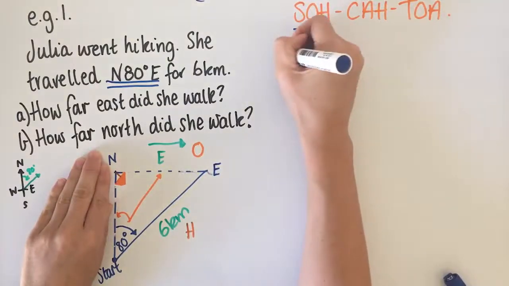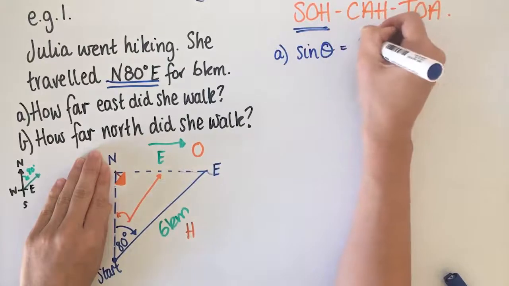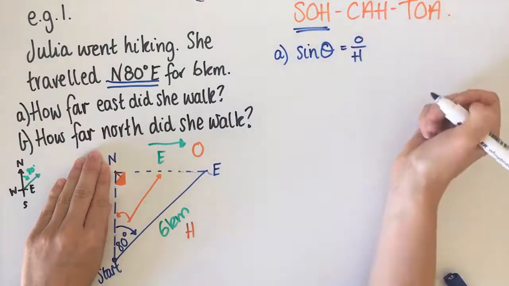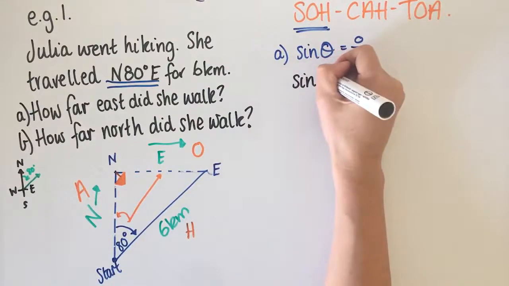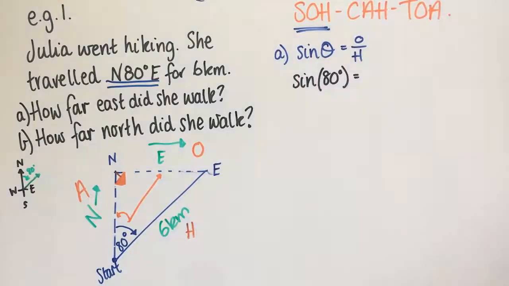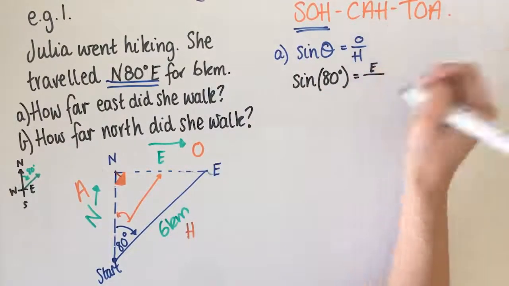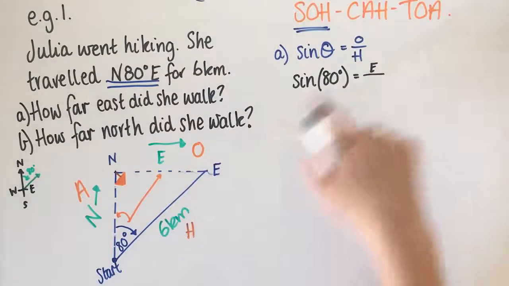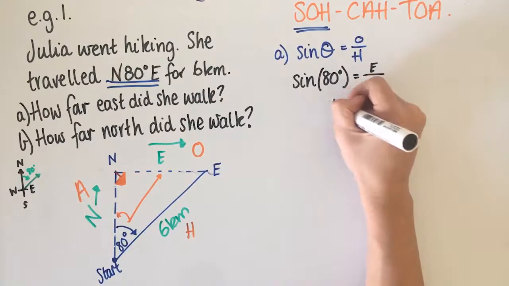So for part A, I'm going to use sine of an angle is opposite over hypotenuse. The angle that I'm using is 80 degrees. So I'm going to now substitute: 80 degrees, O is going to get changed to an E because that's what I've decided to call it, and then H is going to get changed to a 6. I'm trying to find east.